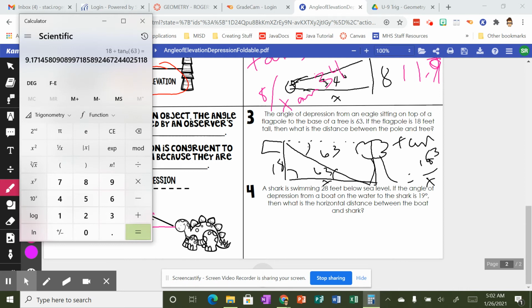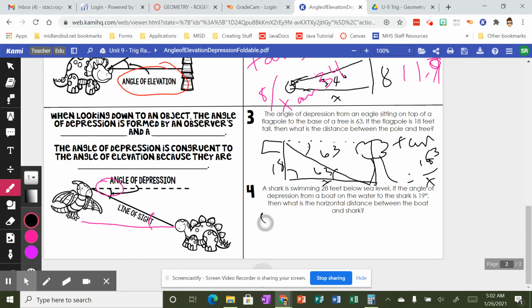A shark is swimming 28 feet below sea level. If the angle of depression from the boat to the water and the shark is 19 degrees, what is the horizontal distance between the boat and the shark? So here's our boat, here's our shark. Okay, sharky, little shark, not too big.